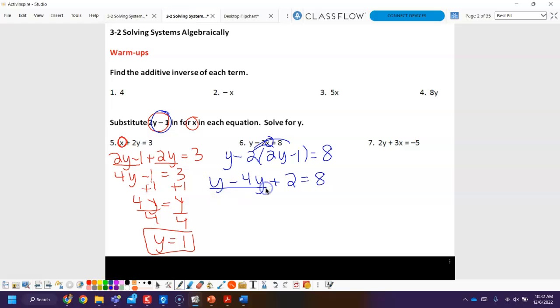Combine like terms. Solve for y. And your y equals negative 2.